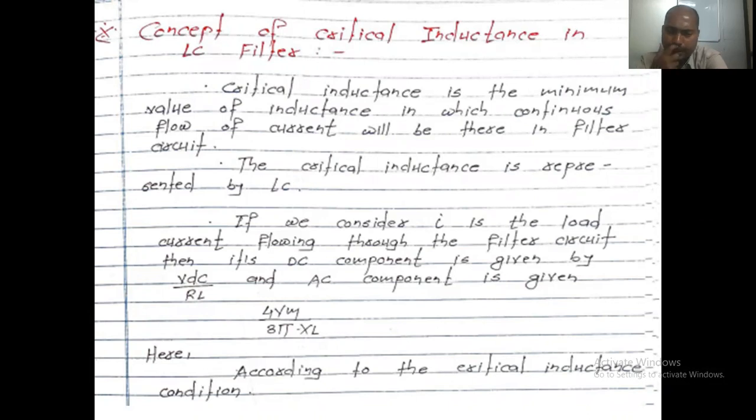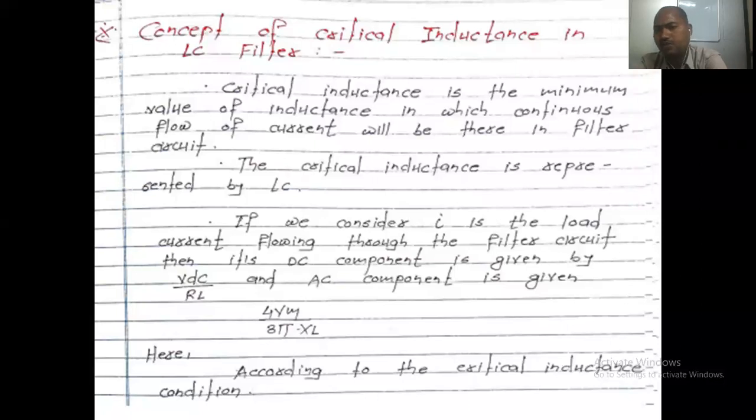Now, when we discuss the current flowing through the devices, there is a formula for the calculation of the DC as well as the AC current. The DC component is VDC by RL. There are two components flowing through the filtering circuit, the DC component and the AC component.